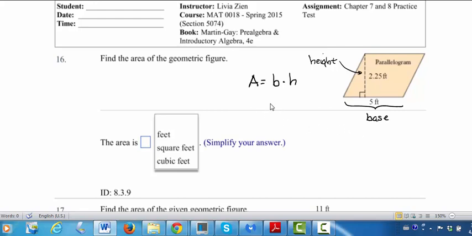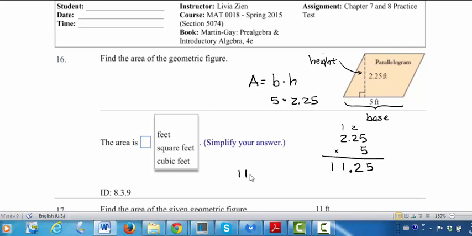So it will be 5 times 2.25. So if I did the multiplication out here, 2.25 times 5 gives me 25. 2 times 5 is 10, plus 2 is 12, 10, 11, so I get 11.25.